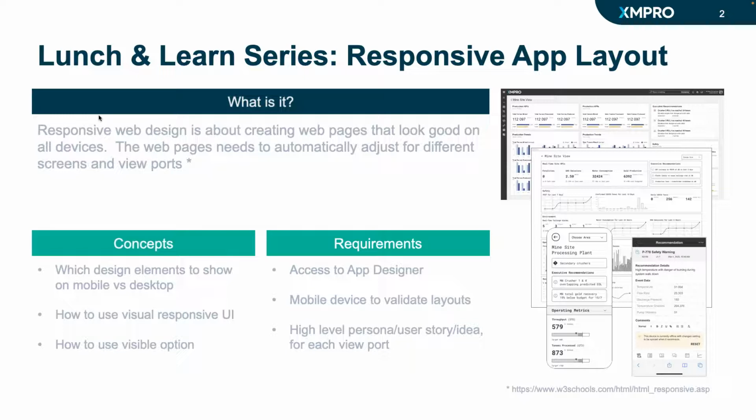People who are constantly on their phones all the time, people who transition between the two of them. It's good to have a high-level idea of who that persona is, as well as some of the user stories that will help guide you in what's the most important information to show, as well as what you can keep on the desktop and what you can lose as soon as you shrink your real estate onto a browser on a phone.